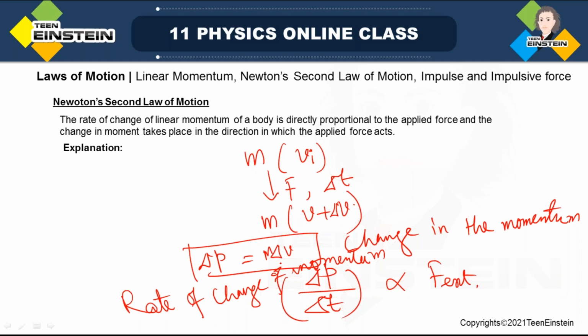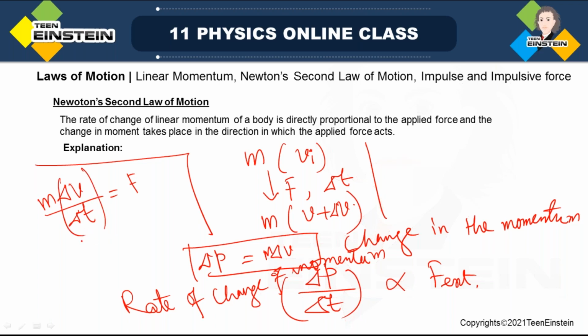So in place of delta p we write m delta v by delta t, which is proportional to force. What is this delta v by delta t? It is nothing but the average acceleration. So average acceleration times mass will give you the amount of force.